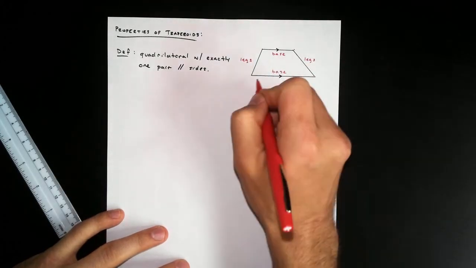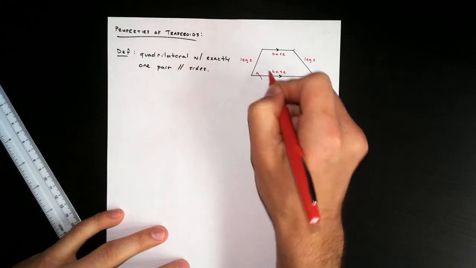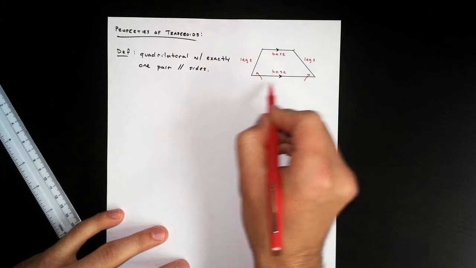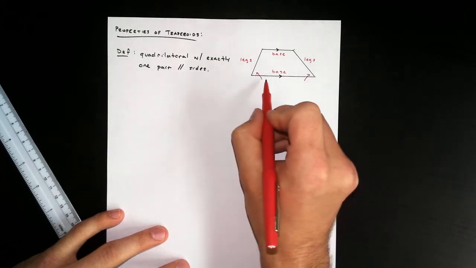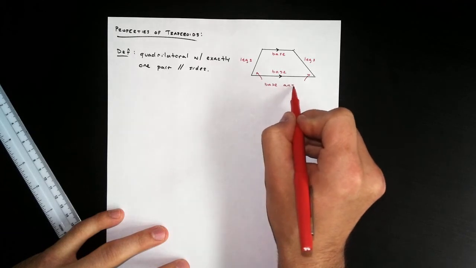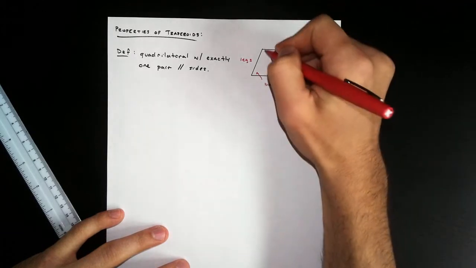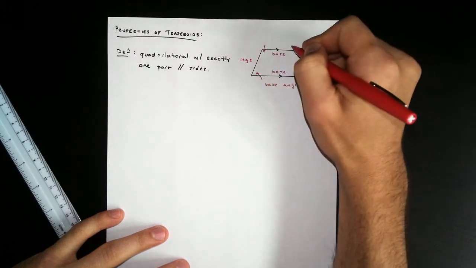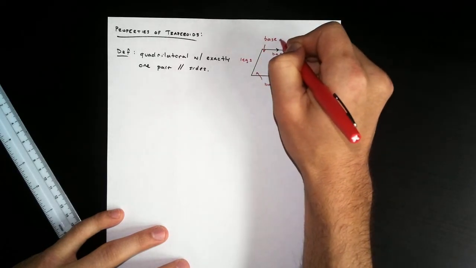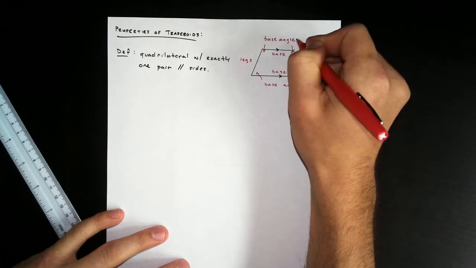And then the angles, two consecutive angles that are along one of the parallel sides. So these two angles, I would say this is a pair of base angles. And then along the top, these two angles together, that pair is a pair of base angles as well. Okay?